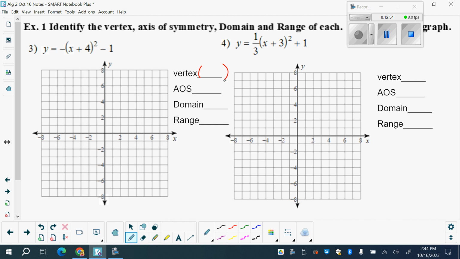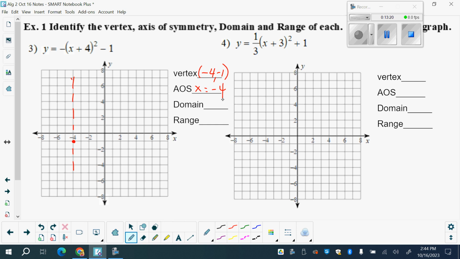Yep. Negative 4, negative 1, and then our axis of symmetry is a vertical line through that point. So x equals negative 4.